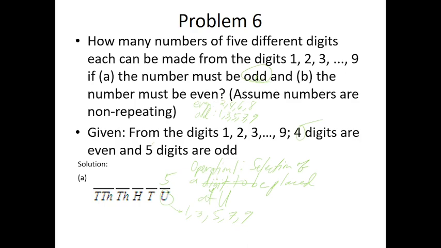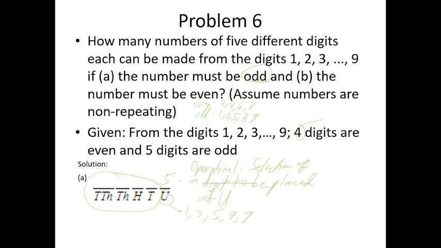Next, is there any restriction? Is there any restriction? The rest of the digits in this 5-digit number, is there any restriction? None. Only the last digit is restricted, right?